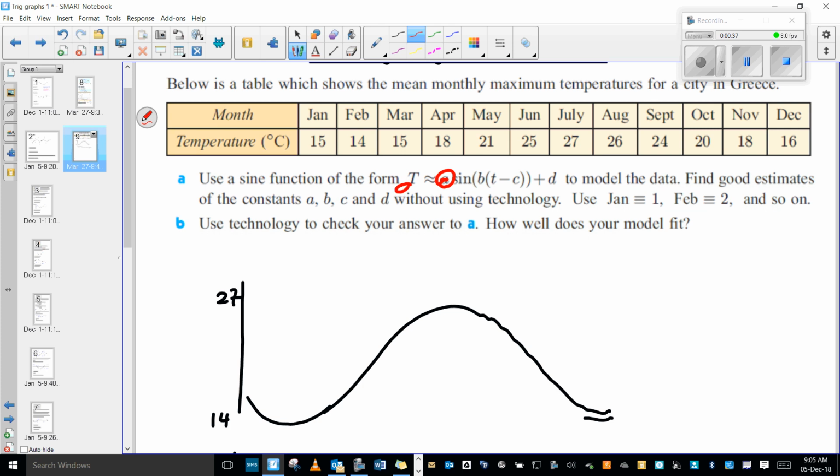So how would I find the amplitude? Do you remember how to find the amplitude? It's from the center line to the top, yes? Remember, there's a way that we can do it if it's not obvious where the center line is.